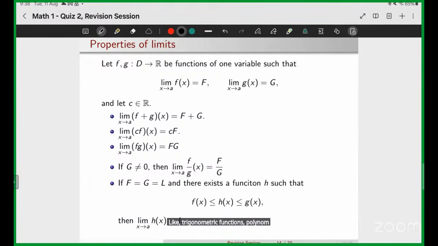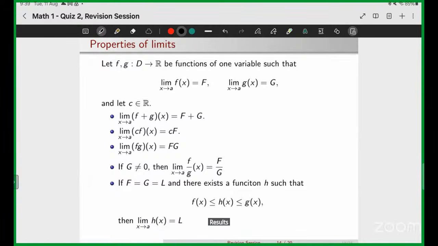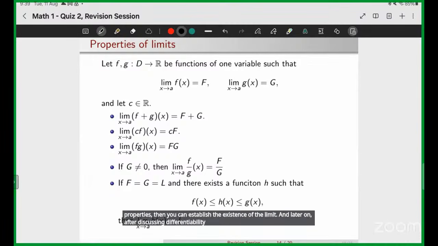They all behave very well. And if you can write the given function as a combination of those and use one of these results, properties, then you can establish the existence of the limit. And later on, after discussing differentiability, we'll also discuss L'Hopital's rule for when you have a certain indeterminate form.